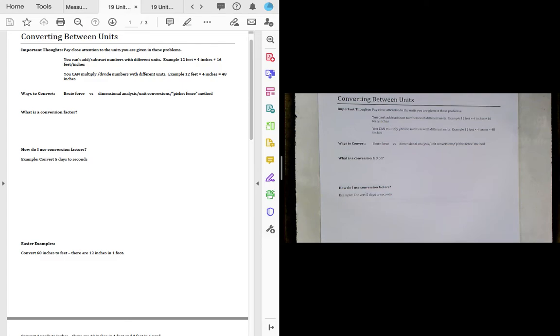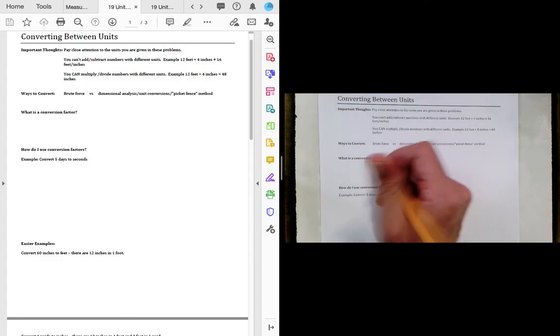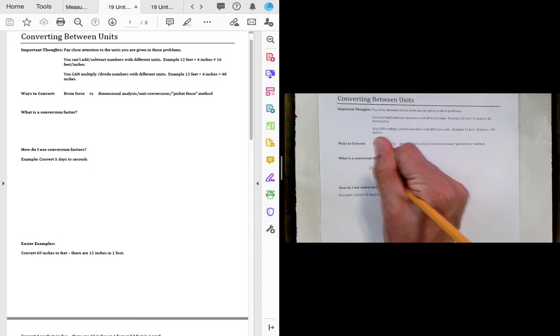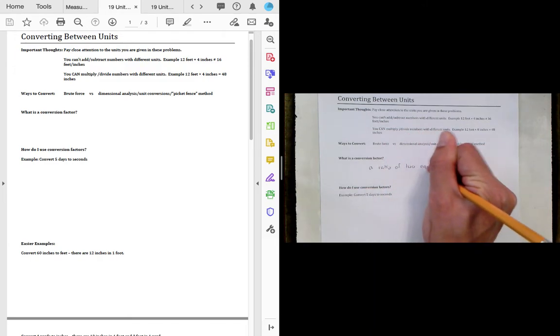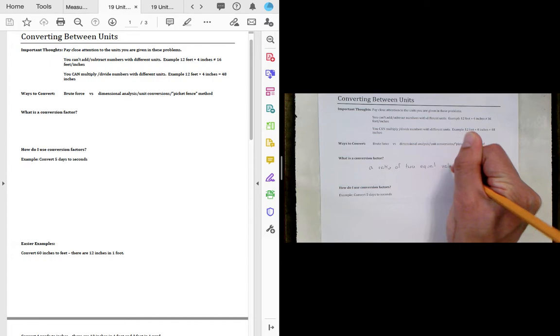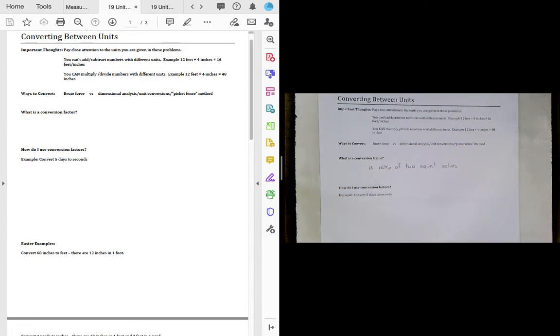It's just that we need a conversion factor in there in order to do that, to allow things to cancel. And so this is where we get into the idea of a conversion factor. A conversion factor is a ratio of two equal values. I'll give you an example.